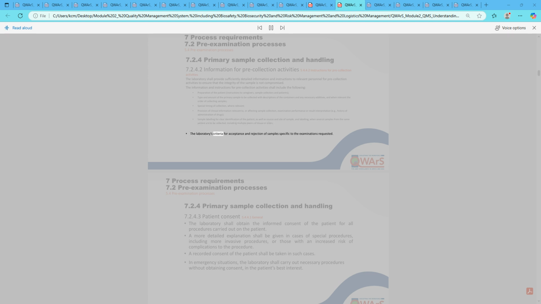The laboratory's criteria for acceptance and rejection of samples specific to the examinations requested.